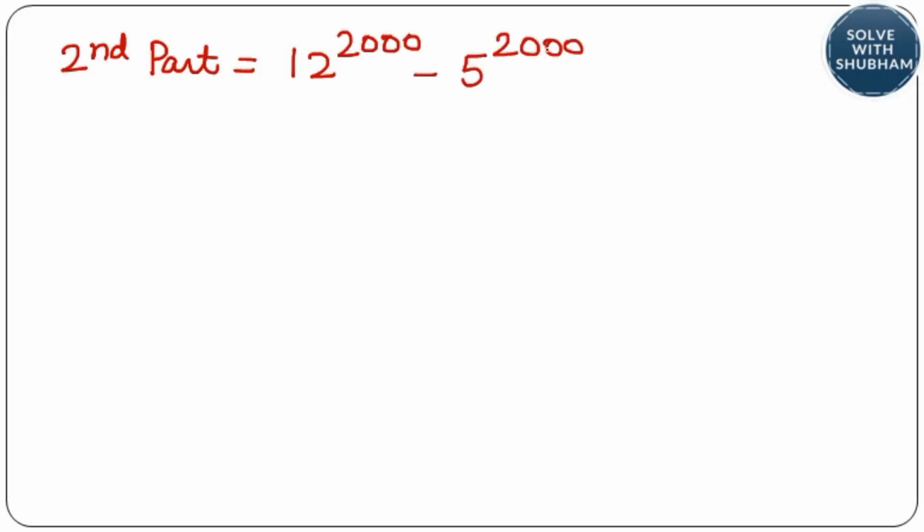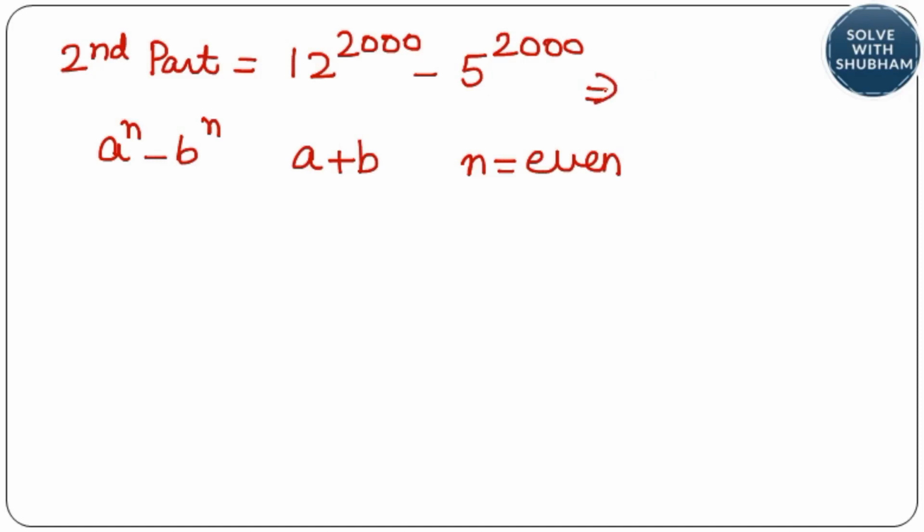Now next, your second part is 12 power 2000 minus 5 power 2000. So we also know that a power n minus b power n is divisible by a plus b when n is even in nature. So this number will be divisible by 12 plus 5, 17, because n is 2000 which is even.